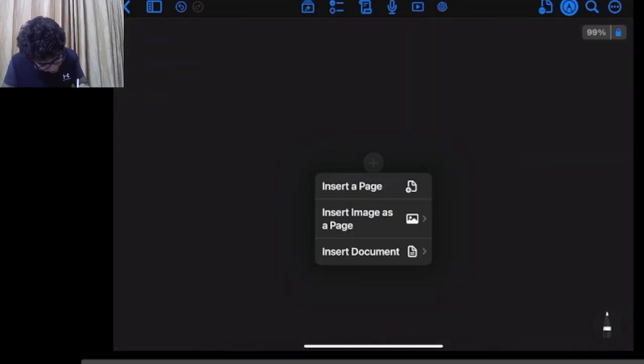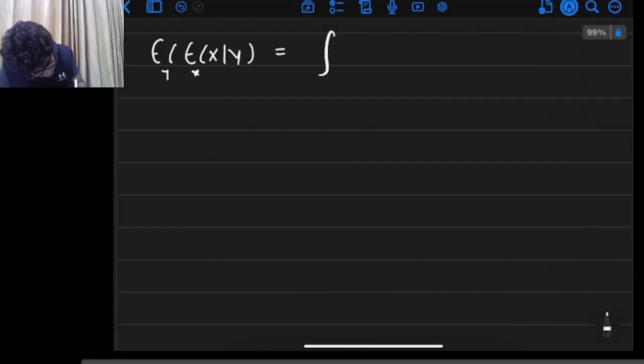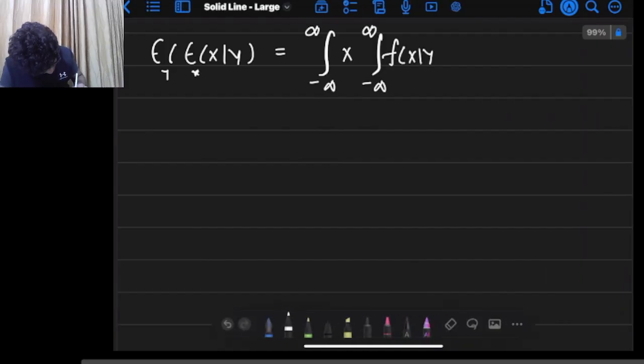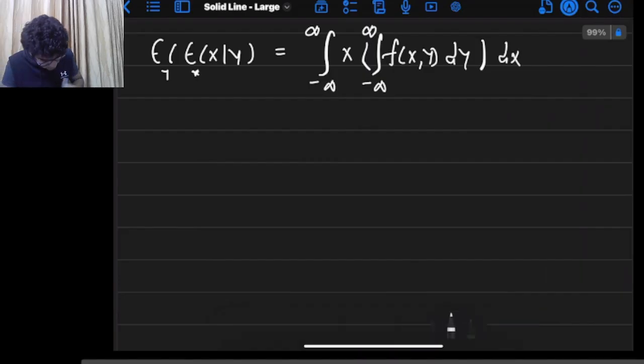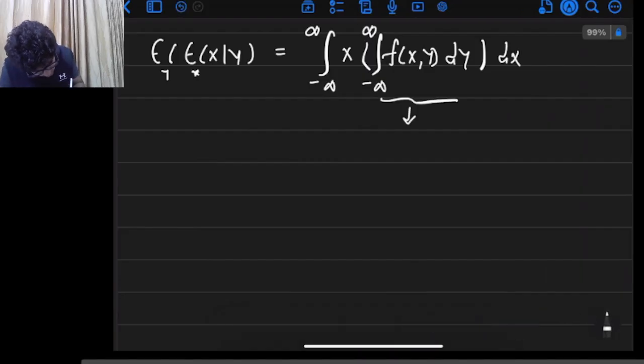So now what am I left with? I am left with the expected value of x conditional y, which is the integral from negative infinity to positive infinity of x times the integral of f(x, y) dy dx, and this is precisely equal to f(x).